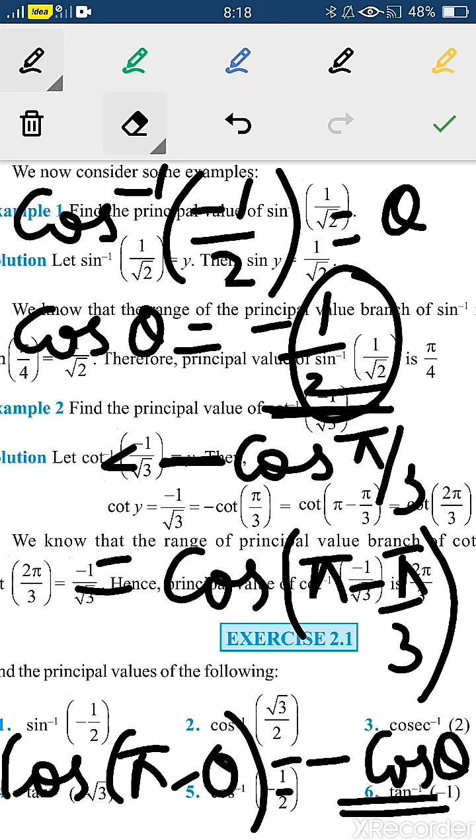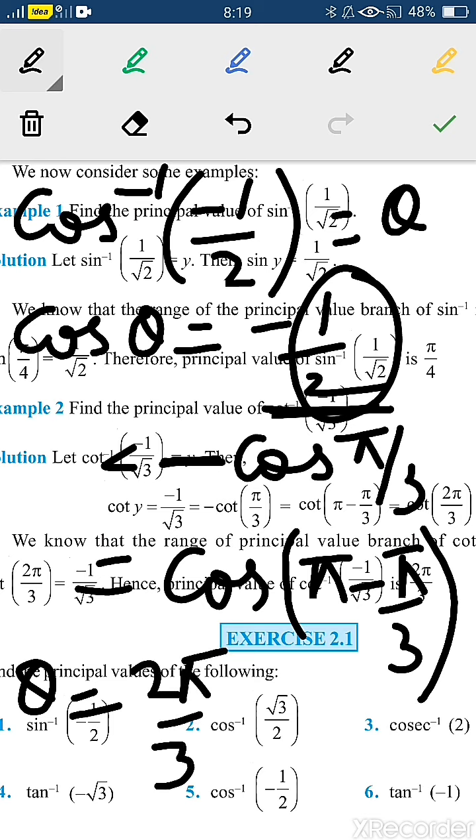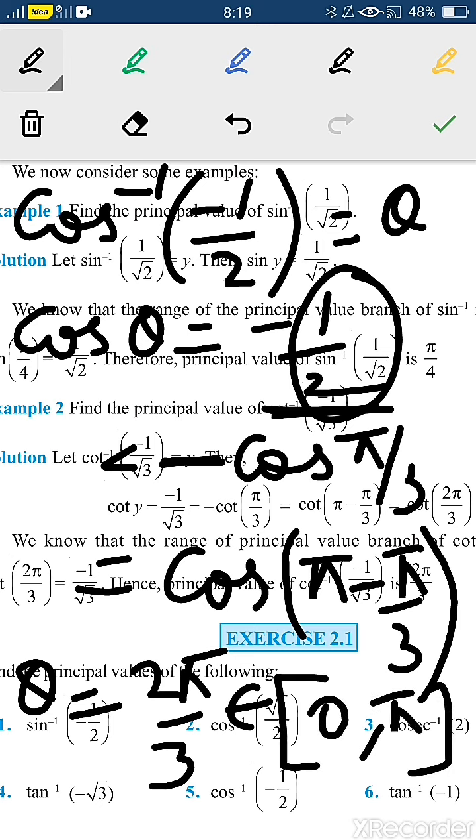Is it clear now? So now what we are going to do here, cos of pi minus pi by 3. What is pi minus pi by 3? Theta is equal to pi minus pi by 3, that is 3 pi minus pi, 2 pi by 3. This is the value, and this lies in the closed interval 0 to pi.